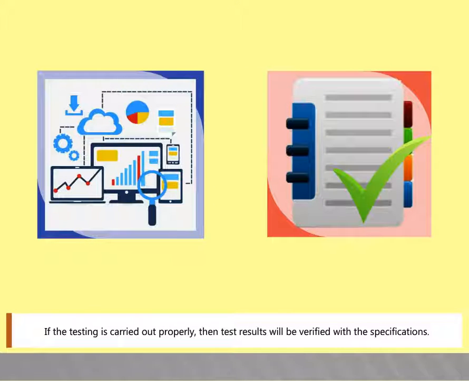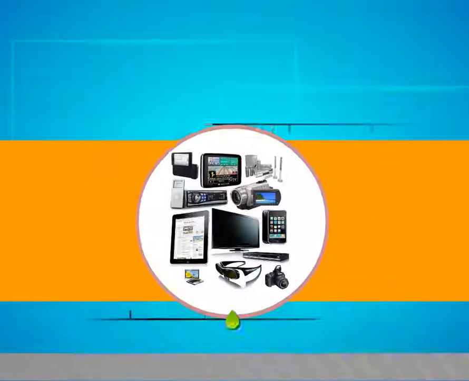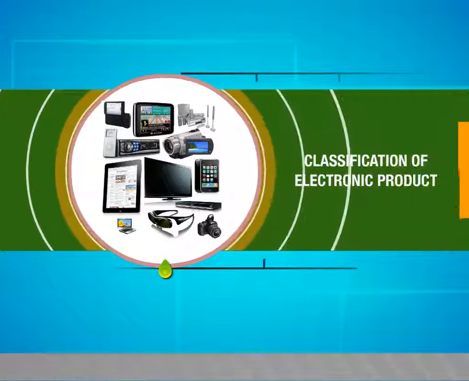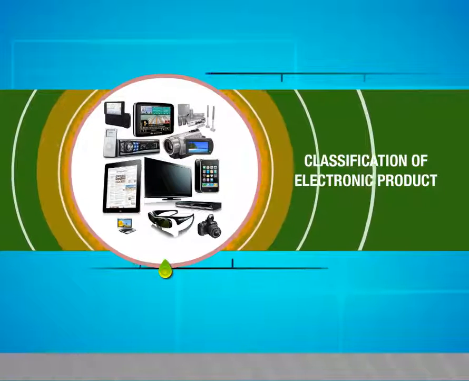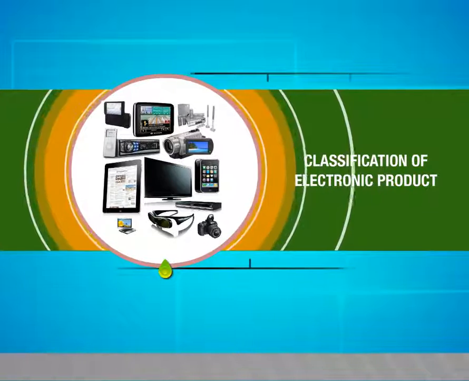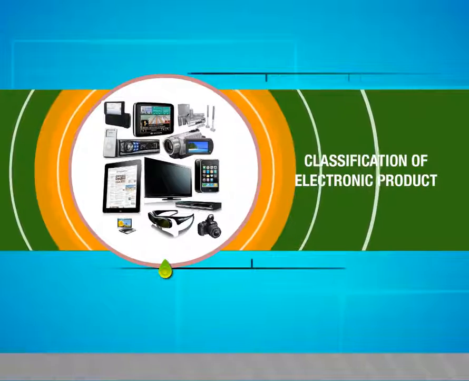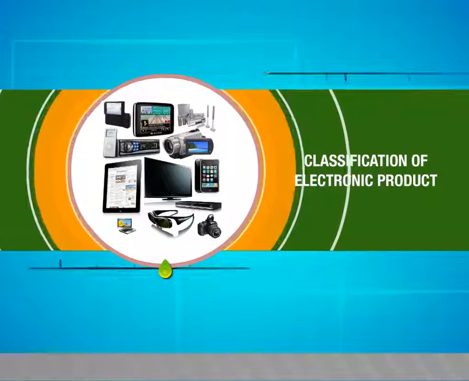If the testing is carried out properly, then test results will be verified with the specifications. Classification of electronic product. In this video, we are going to see about classification of electronic product.